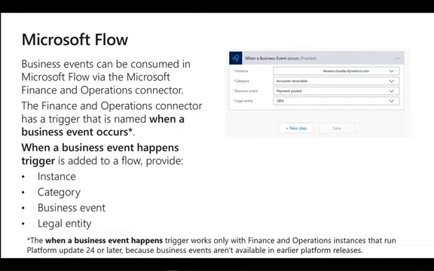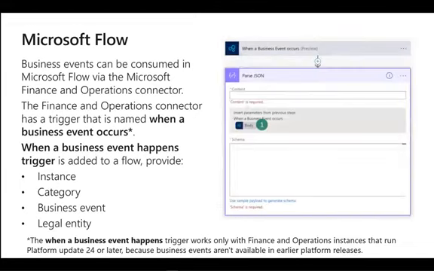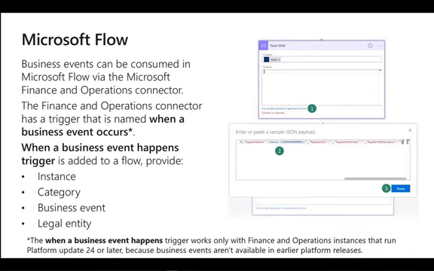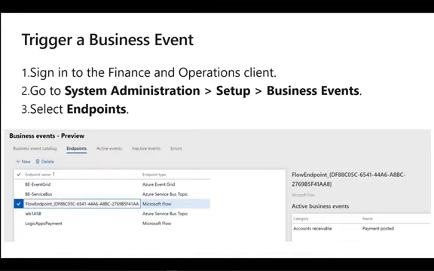The process for implementing the business event and sending it is fairly straightforward. Build a contract. Build the event. And add the code to send the event. Microsoft Flow can configure Dynamics 365 Finance and Operations automatically for us.